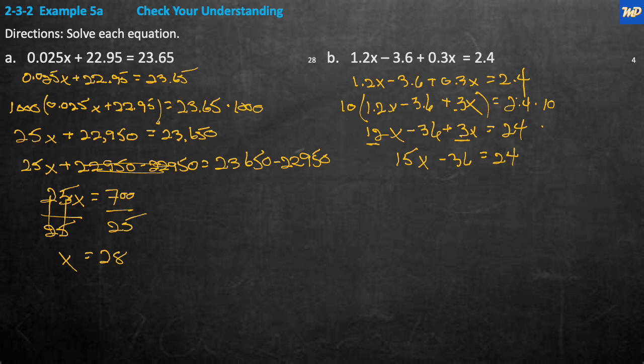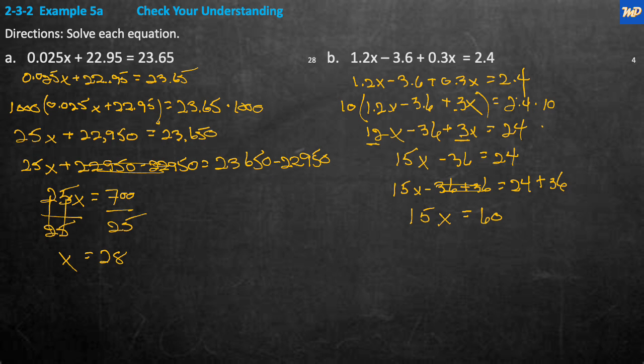Now we have to get the 15x by itself, so we use the addition property of equality: 15x minus 36 plus 36 is equal to 24 plus 36. These two 36s cancel and leave us with 15x, and that equals 24 plus 36, which is 60.